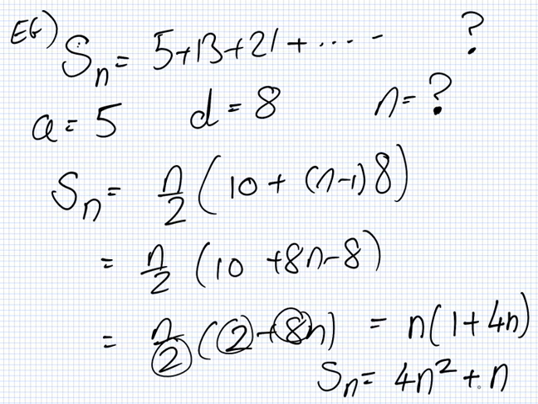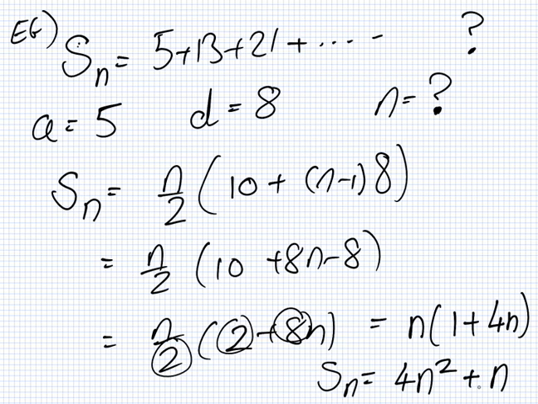Right, so look at my sequence. What's the first number in it? 5. So if I just add 5 to nothing, what do I get? 5. So if I put n as 1, what do I get here? 5. Now, if I add the first two numbers, 5 plus 13, what should I get? 18.